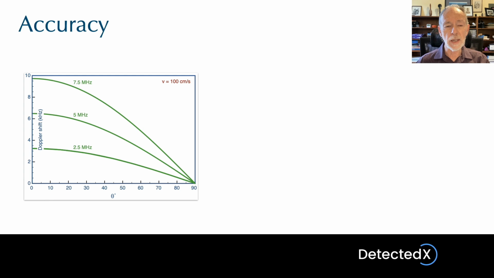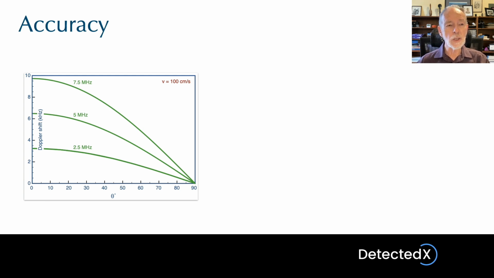In many other applications, it's quite impractical to try to achieve that situation, and indeed angles more like 60 degrees are very common. So what you can see is that the Doppler shift falls slowly at first as we go up from 0 degrees, but then more rapidly until when we reach an angle of 90 degrees, where the flow is perpendicular to the beam direction, there is no Doppler shift.